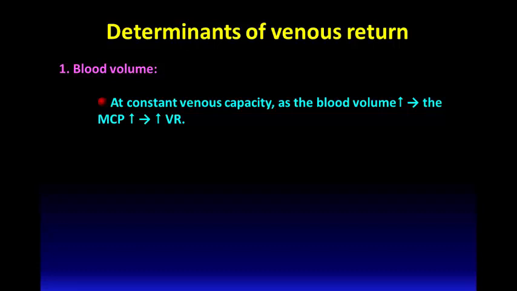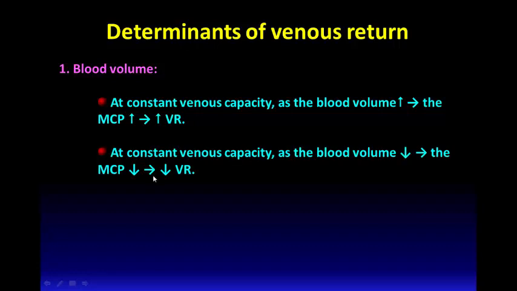We mentioned earlier in the lecture that at constant venous capacity, as the blood volume increases, the unstressed blood volume remains the same, while the stressed volume increases, and the increase in the stressed volume would increase the mean circulatory pressure, hence the venous return is increased.